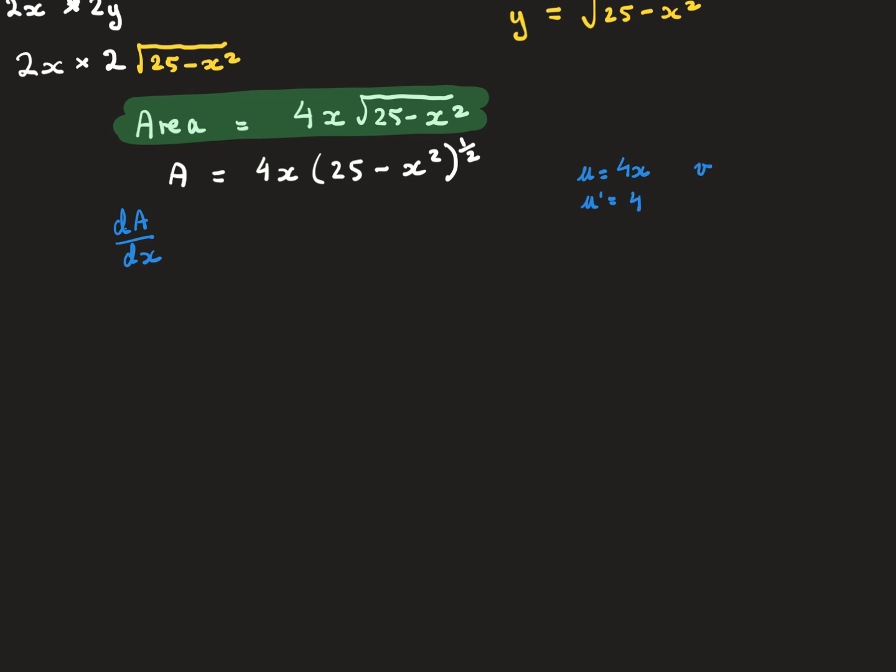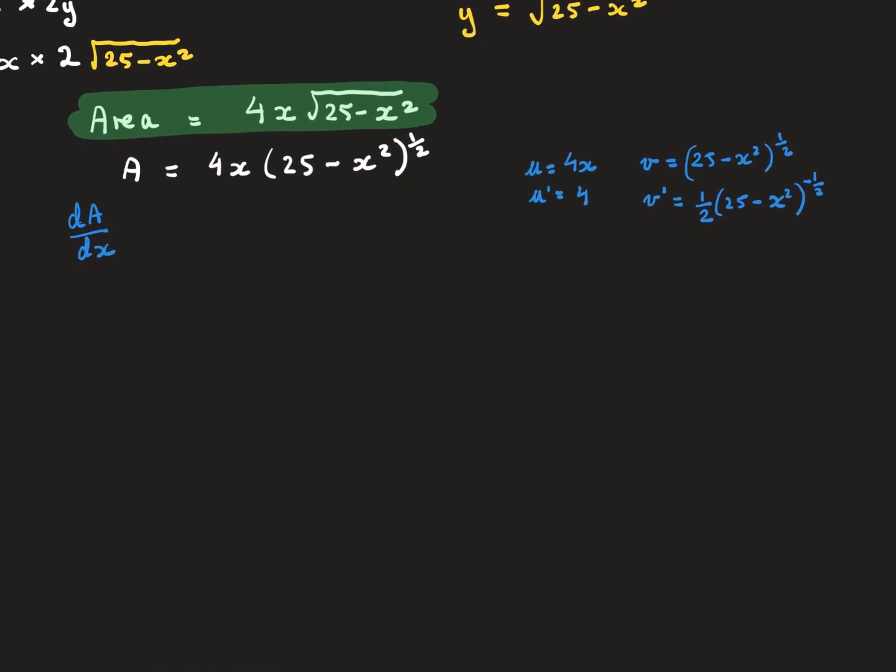Look also at v, which is equal to 25 minus x squared to the half, and this is where we use the chain rule. So v dash is equal to a half times 25 minus x squared to the negative a half, and we need to multiply this also now by minus 2x.